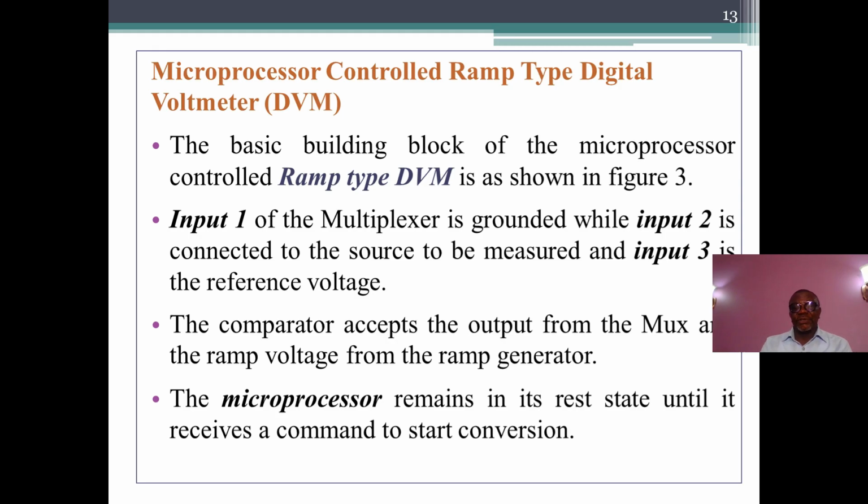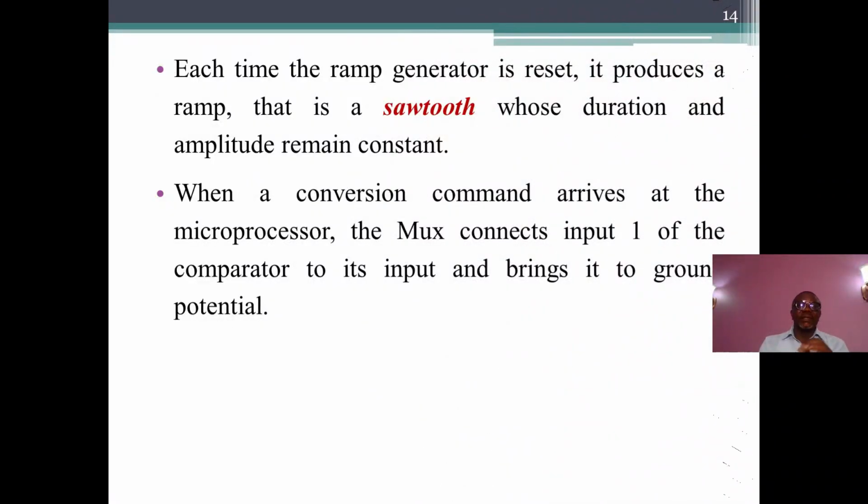The microprocessor remains in its rest state until it receives a command to start conversion. Each time the ramp generator is reset, it produces a ramp. What we mean by ramp is that it produces a sawtooth wave whose duration and amplitude remain constant.